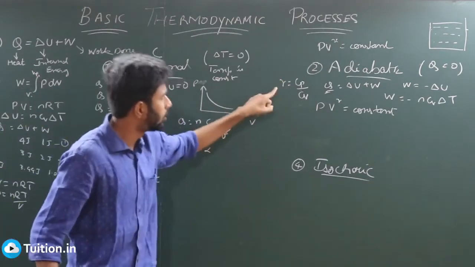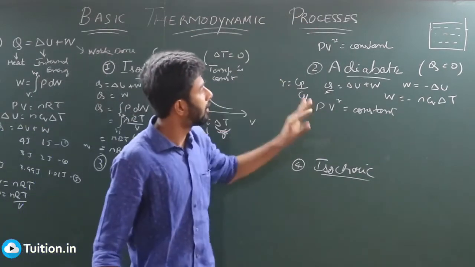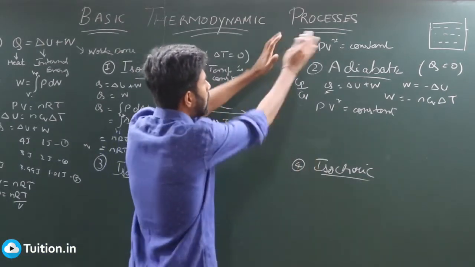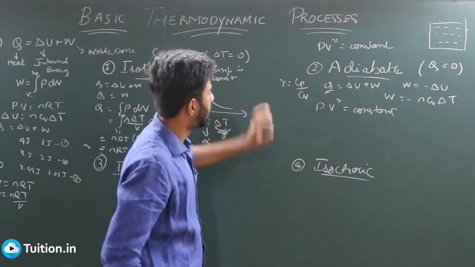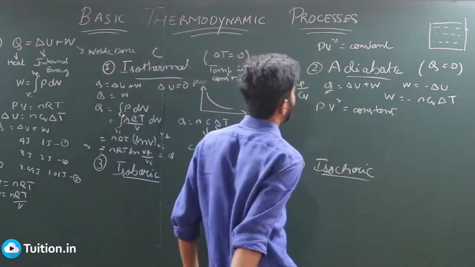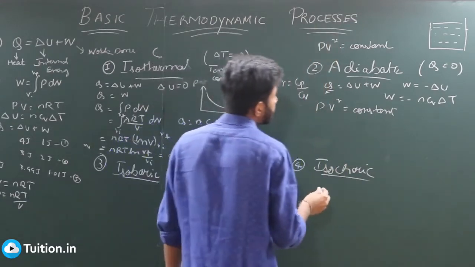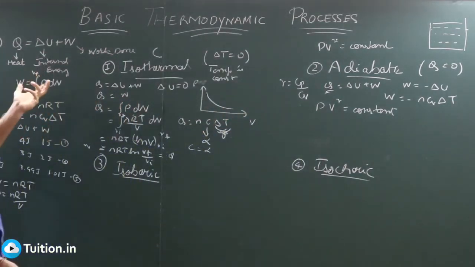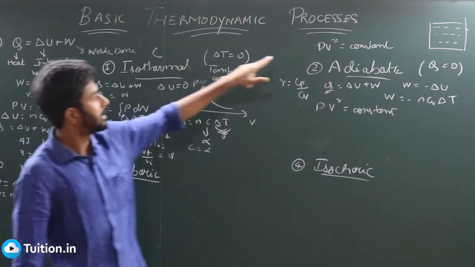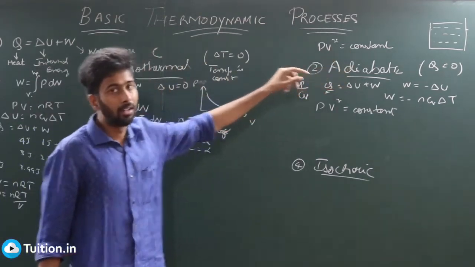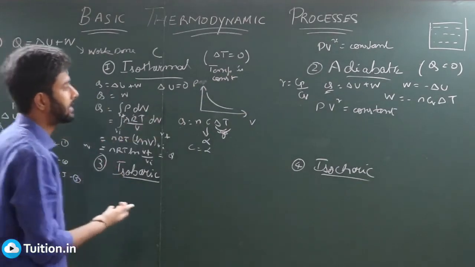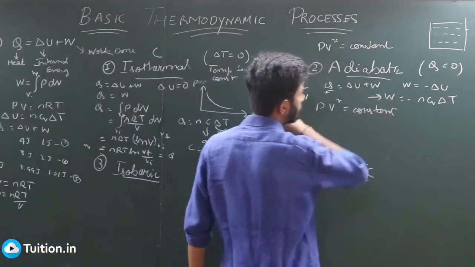The ratio of those two is your γ. If I put x equal to γ, that becomes my adiabatic process. I'm not going into the depth of how all of this is related to each other. Just remember, γ = Cp/Cv. That will be your adiabatic process. So if you want to use this equation, you can use that also. Instead of P, you'll just have to use nRT/V and V^−γ, and you can get the same result, but it's always more convenient to use this result.